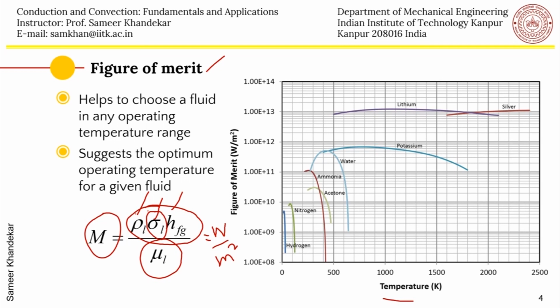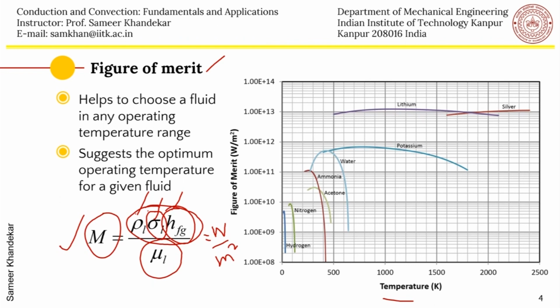So essentially, the figure of merit will go towards zero as we go towards the critical point. And naturally, at the freezing point, it doesn't make sense.